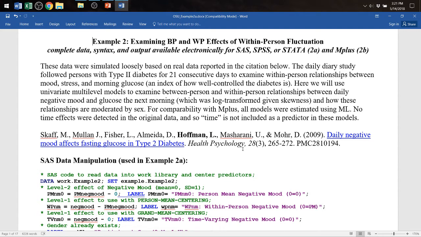So more is worse in terms of not having well-controlled diabetes. So the data are set up so the next day's glucose is on the same line as the current day's mood, which is going to be our time-varying predictor. And we're also going to be examining gender differences in the extent to which negative mood relates to glucose between and within persons.